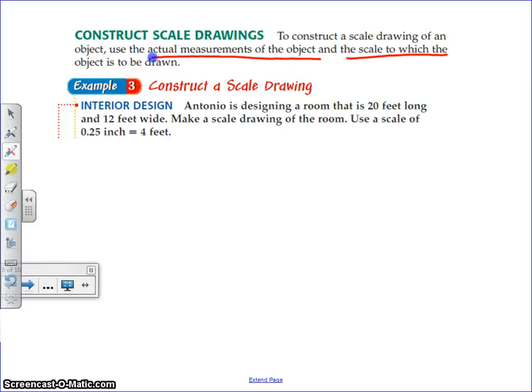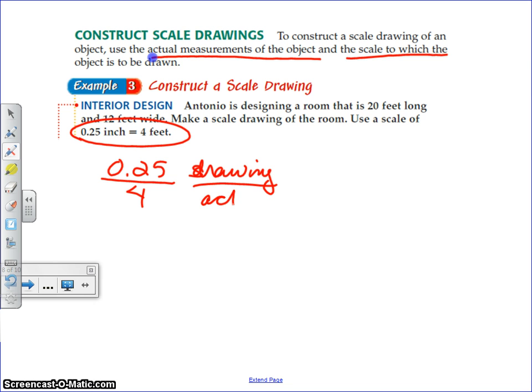Make a scale drawing of the room, it says. Use a scale of 0.25 to 4 feet. So that means this is the drawing size, and this is the actual size, okay? All right, that's what we're going to use for our scale, half of our proportion.